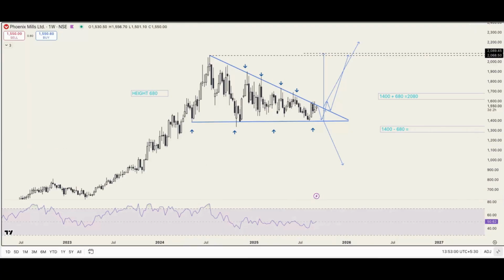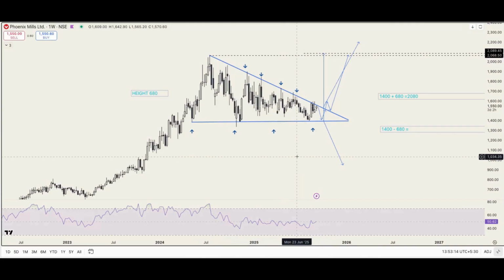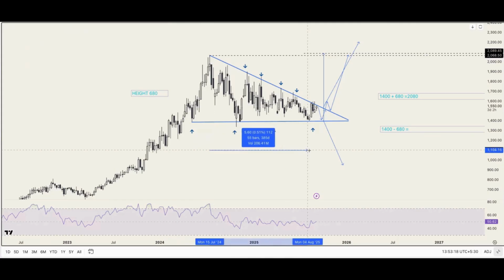The span will be from the tip to the apex. So the tip is here and the apex is almost like here. It's almost 546 days, right? And from the tip, we are right now at 420 days.